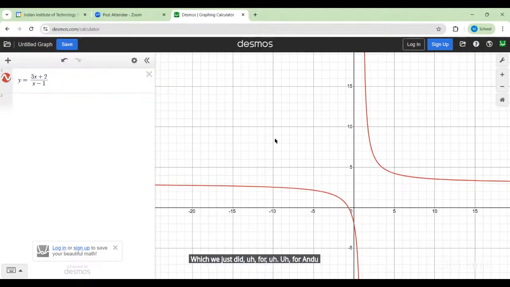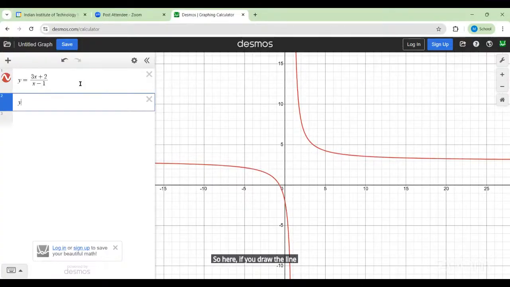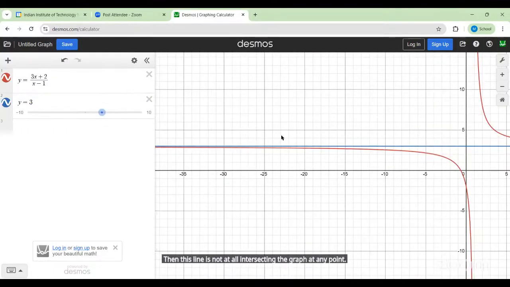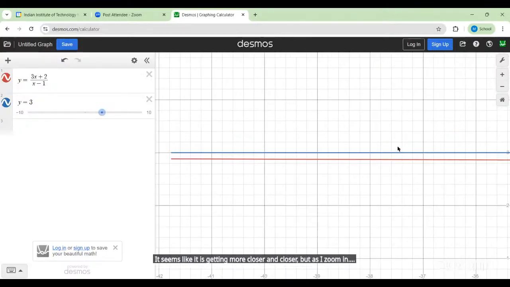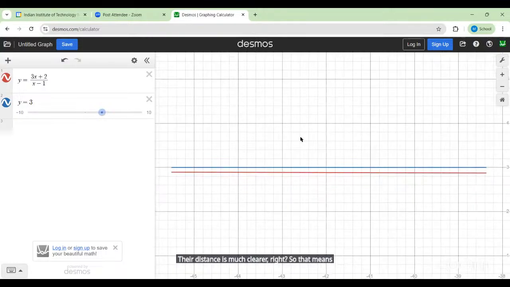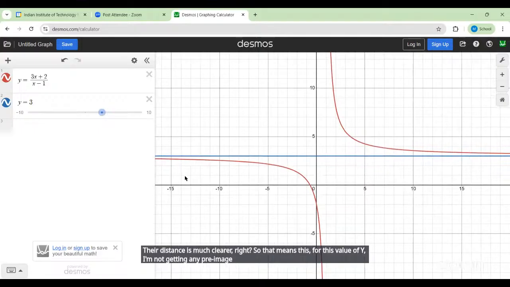So here, if you draw the line y equals 3, then this line is not at all intersecting the graph at any point. It seems like it is getting closer and closer, but as I zoom in, the distance is much clearer. So for this value of y, I'm not getting any pre-image. That's why you can say that it's not an onto function.